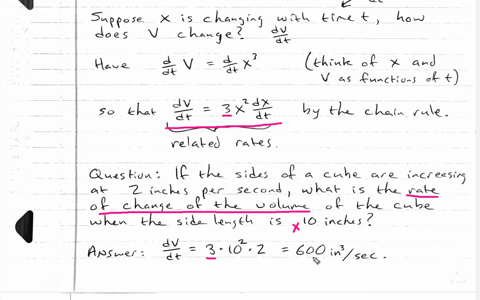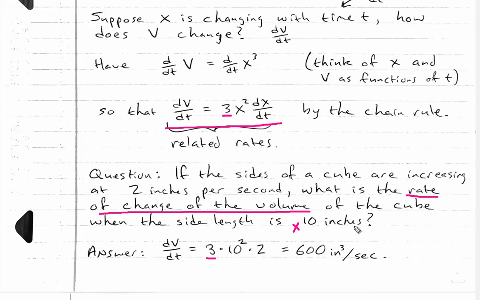And if I did this right, yeah, this is 600. The units are inches, so length is in inches, area is in square inches, volume is in cubic inches, and t is measured in seconds, so it's cubic inches divided by seconds.